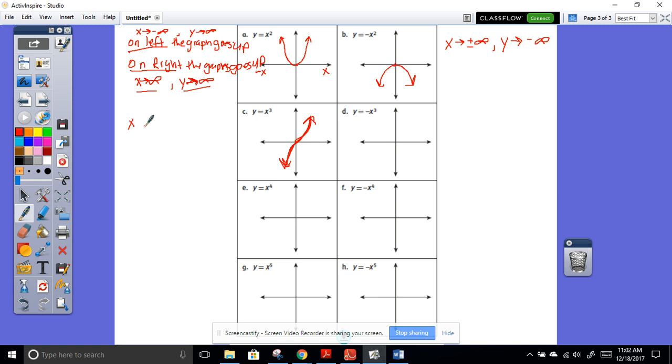So as x moves to the right, my function, I'm going to use f of x this time, is going up. As x goes to the left, or as I'm looking on the left-hand side of my function, my function or my y values are going down.